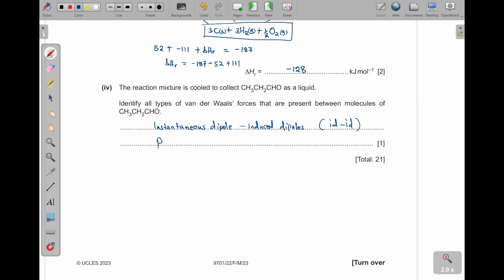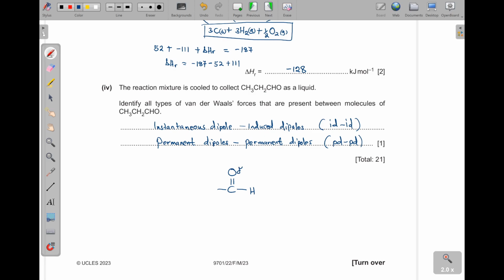And then we also have the permanent dipoles. Then you can write it as PD, not DP, which is PD. Now, why are there permanent dipoles? It's because we have the carbon and then the oxygen.